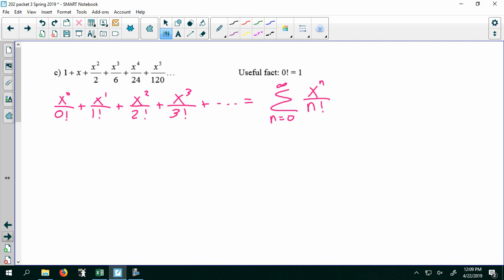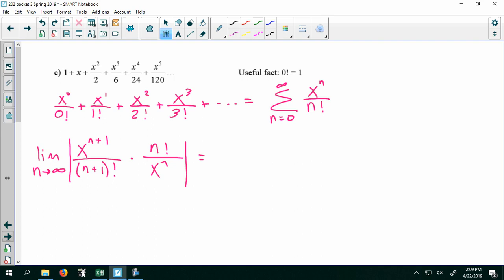So the ratio test says take the limit as n goes to infinity of x to the n plus 1 over n plus 1 factorial and divide by the nth term or multiply by its reciprocal, all in absolute value.